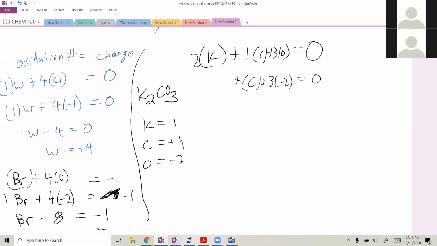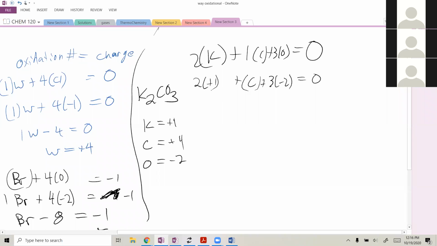Alkali metals normally lose their electrons when they form a compound. And so that's how we know that it's going to be a +1, because it needs to lose one electron. So we've got +1 there with our carbon and our oxygens.